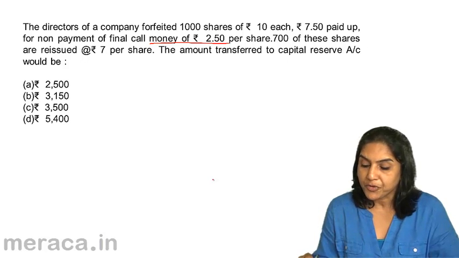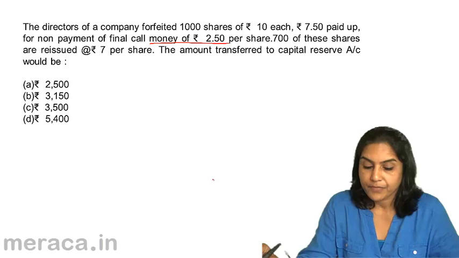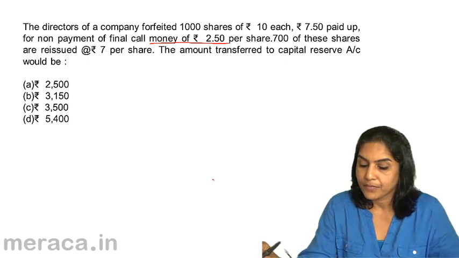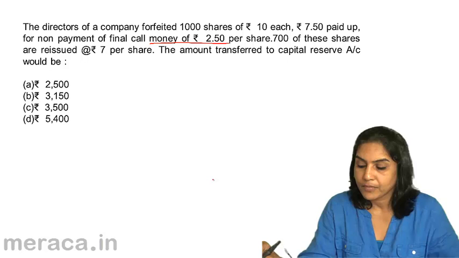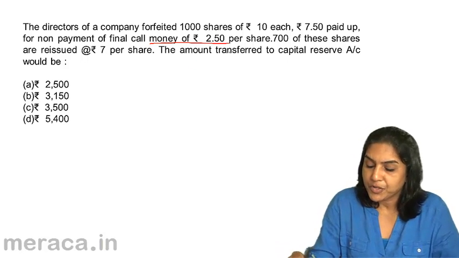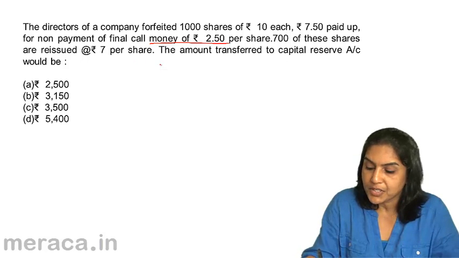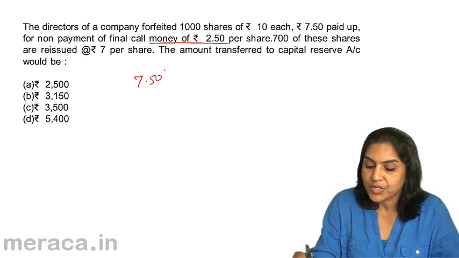Now, what was the profit which was made? The profit which was made is: 2.50 is not paid. Therefore, 7.50 is paid.